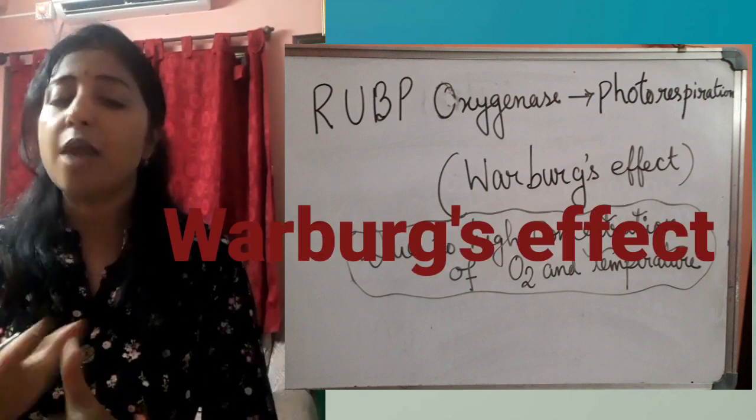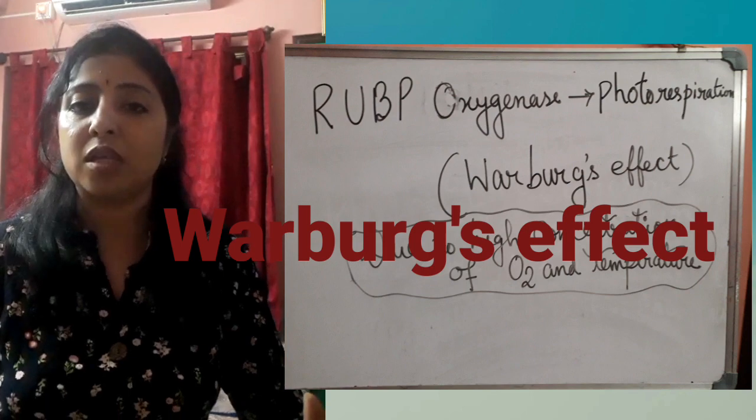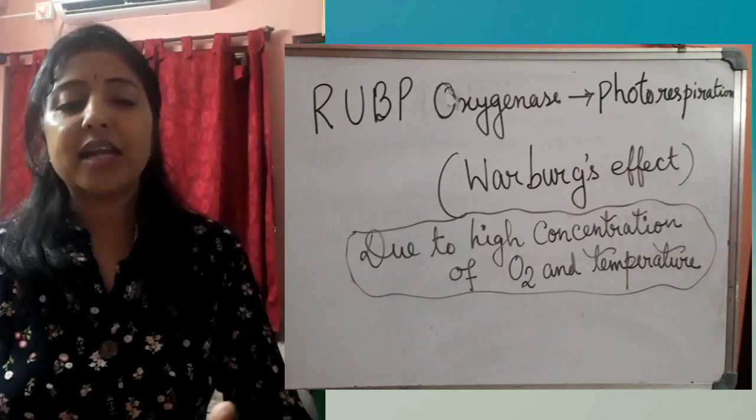At that time glucose is not produced; again carbon dioxide and water are formed. This happens only due to high temperature, high sunlight, increasing light intensity, and the presence of huge oxygen in air. At that time it acts as an oxygenase enzyme.